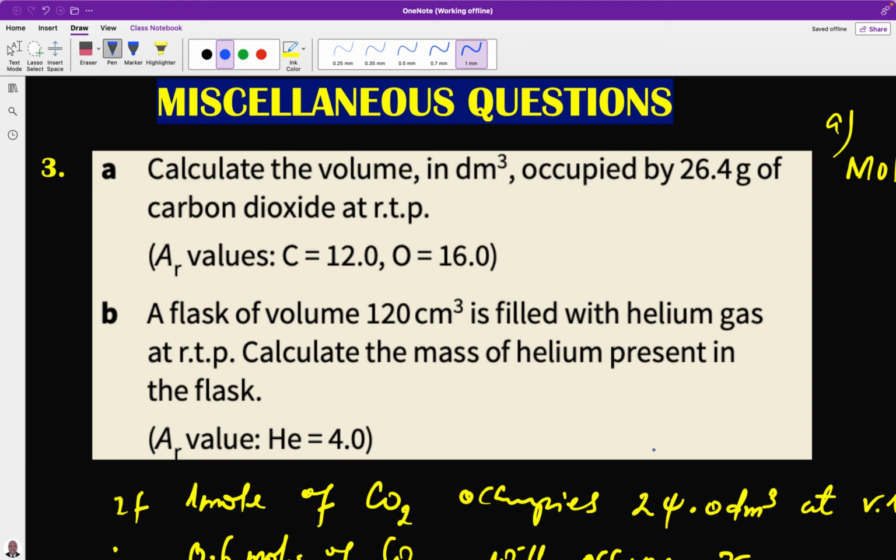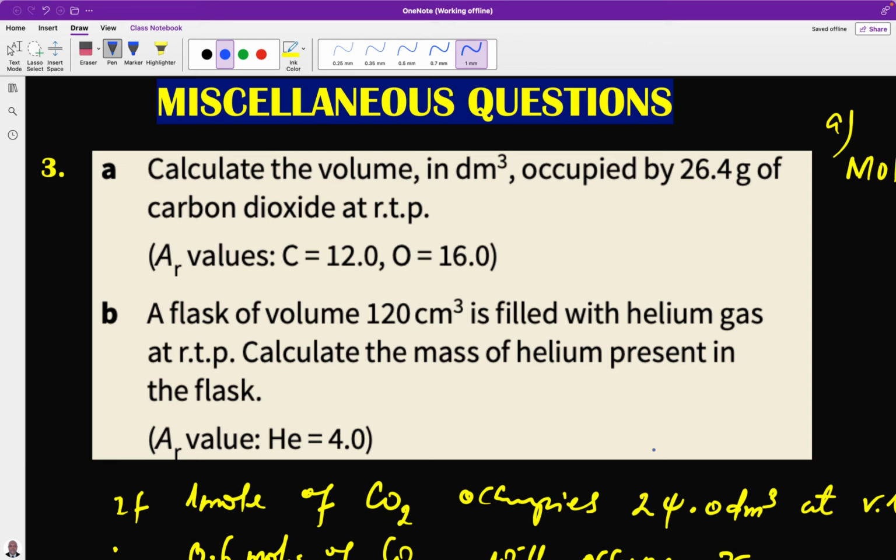We were given a volume occupied by a certain mass of carbon dioxide, and now we are asked to calculate the volume in dm cube. You were given the mass.